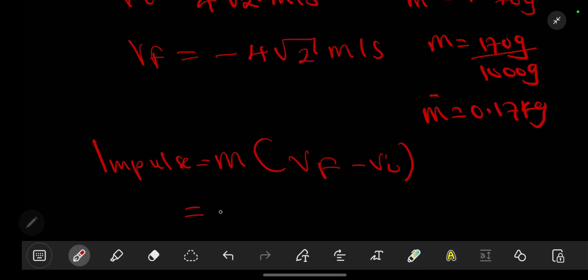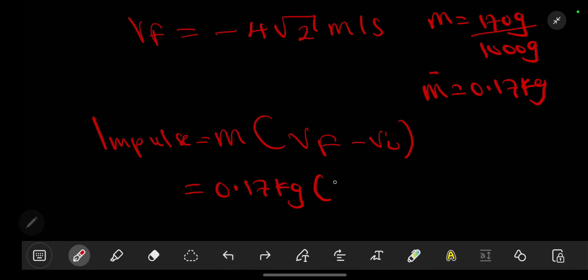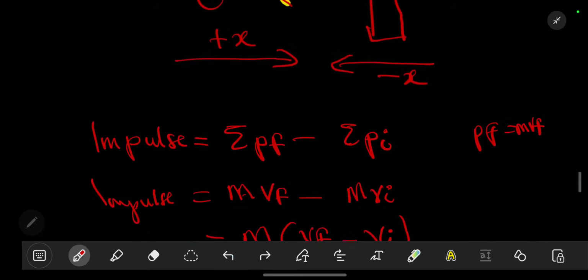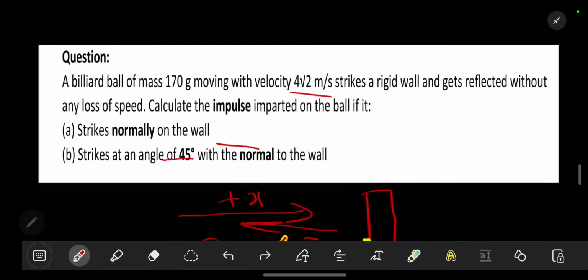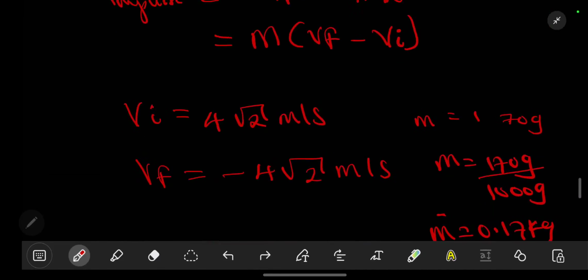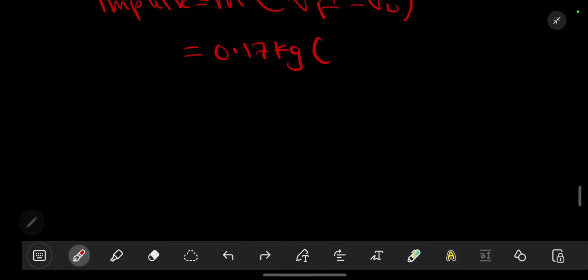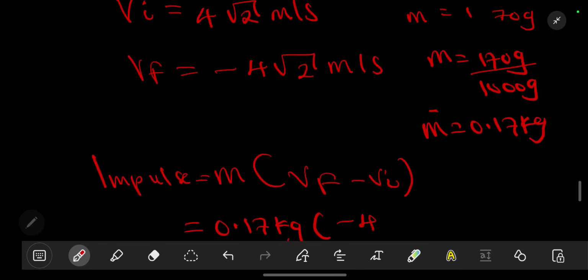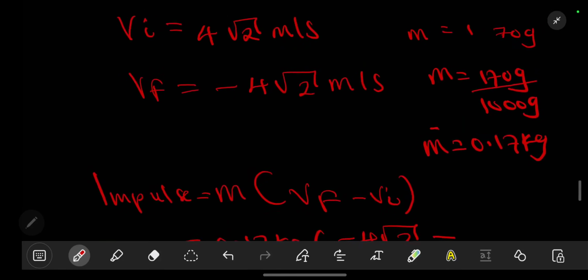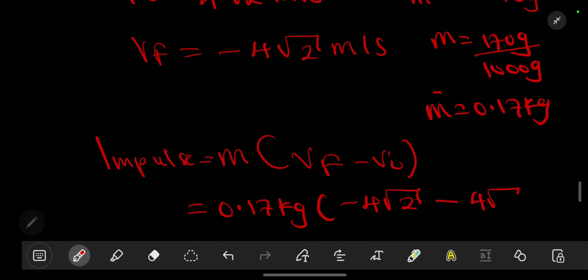So we have the mass, which is 0.17 kg, times the final velocity, which was a negative, negative 4 roots of 2, minus the initial, which was positive, 4 roots of 2.